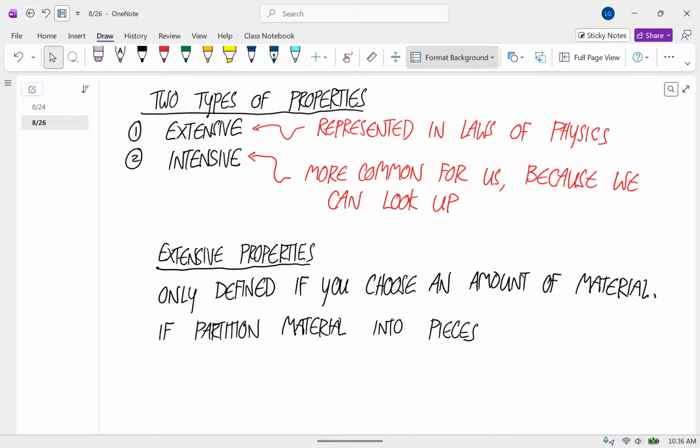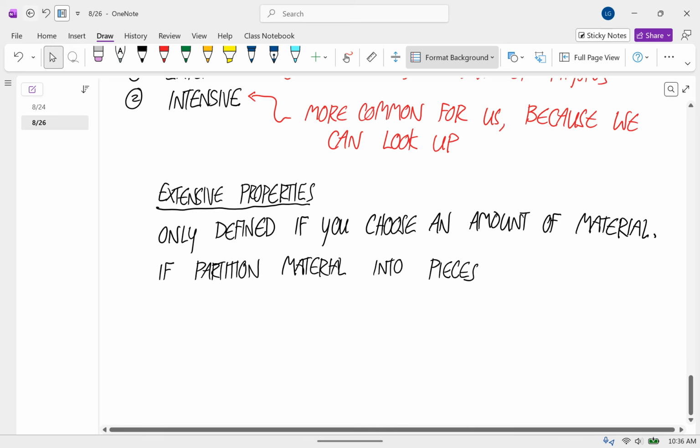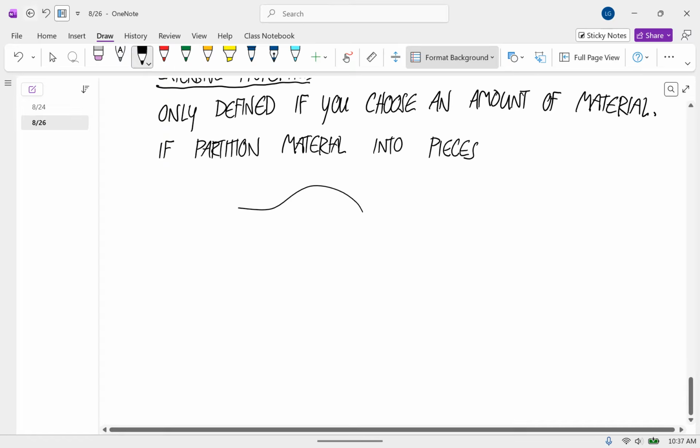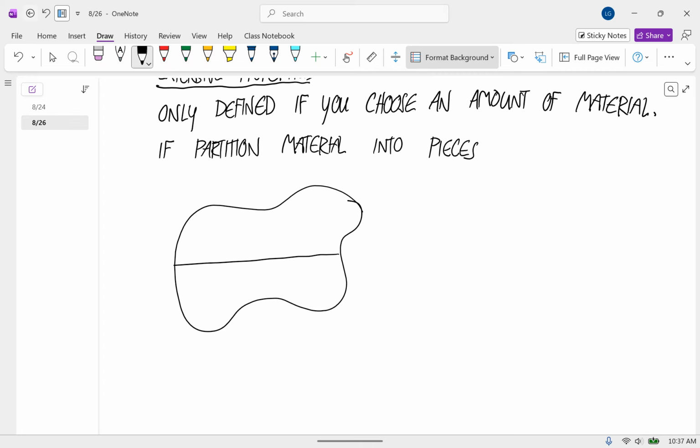So let's say we have, this is our material. And let's say we split it up into these 4 pieces. And let's call this region 1, region 2, region 3, and region 4.